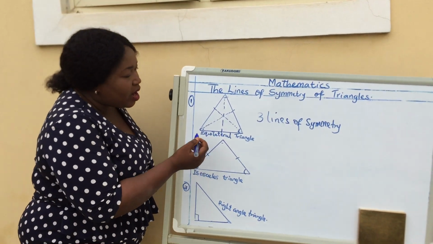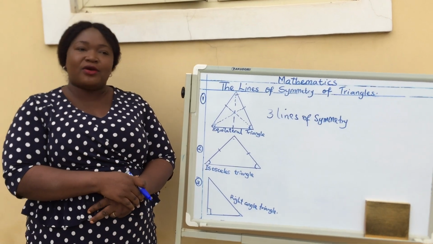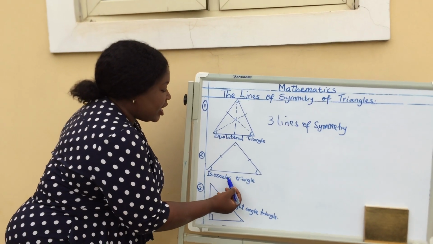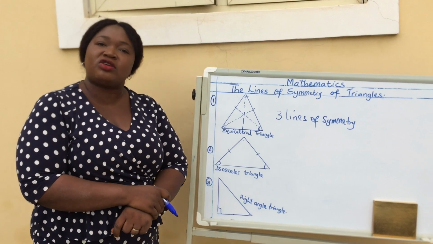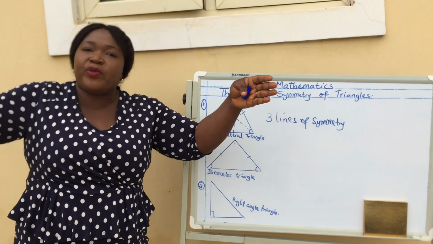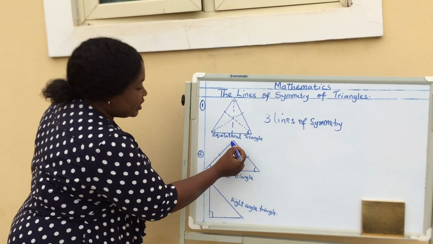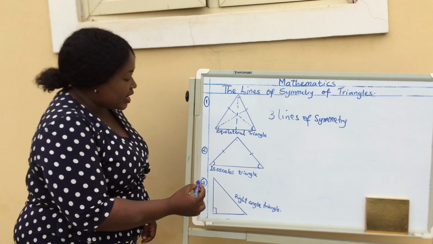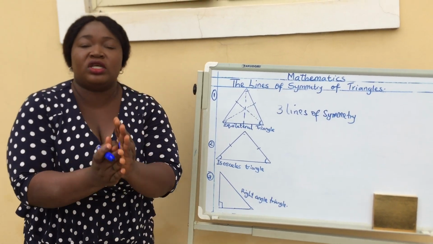Now the second one I'm going to talk about is an isosceles triangle. Can I hear you say that? Isosceles triangle. An isosceles triangle is a triangle that has two opposite sides equal. It simply means this side and this side are the same, and the angle on this side and the angle on this side are also the same.